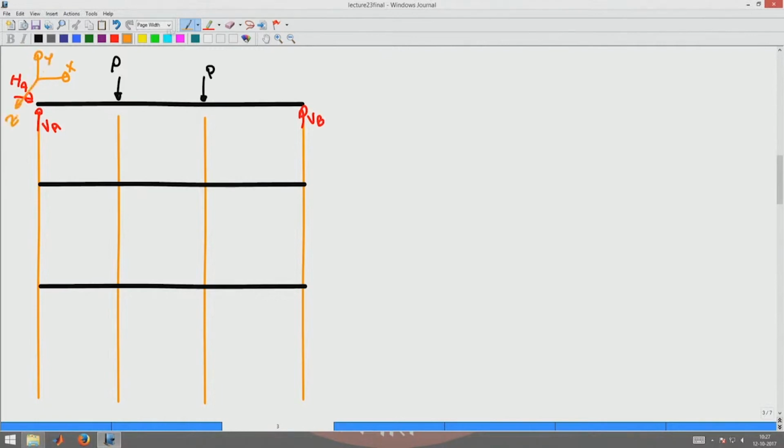I will first write the force equilibrium along the x direction, the horizontal direction, to be 0. Since there is no other horizontal force, HA has to be 0.